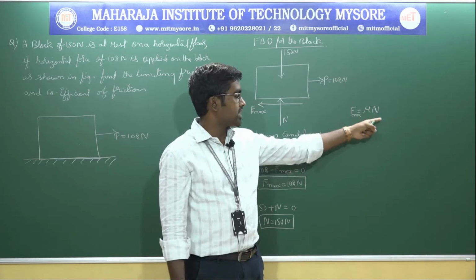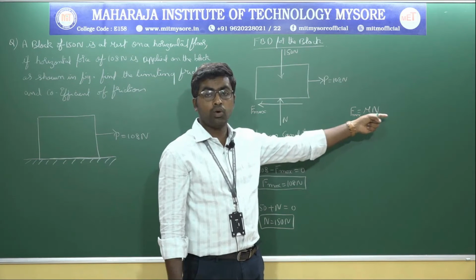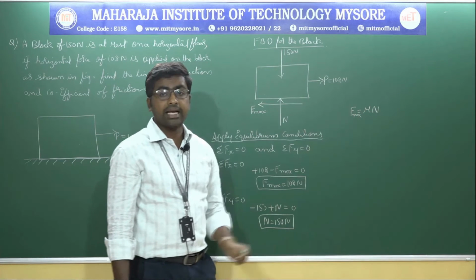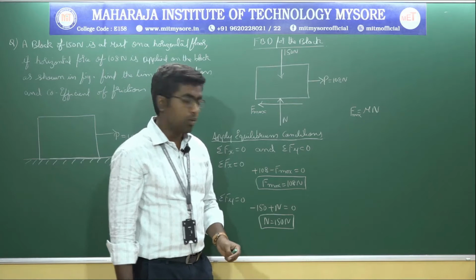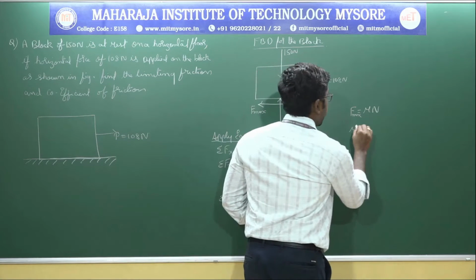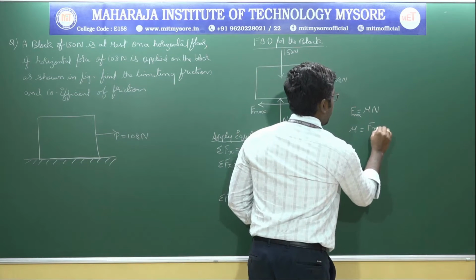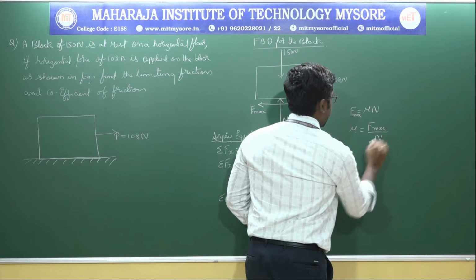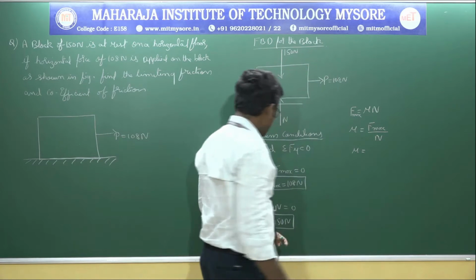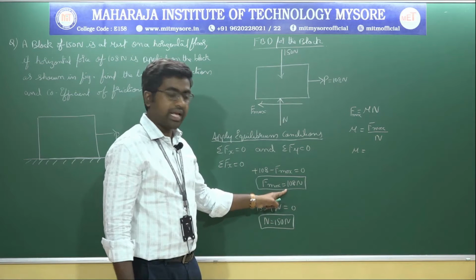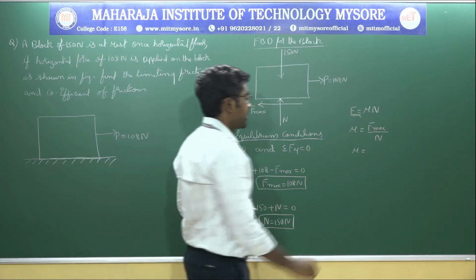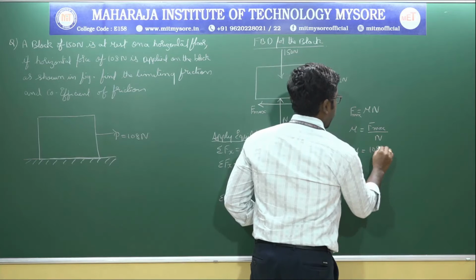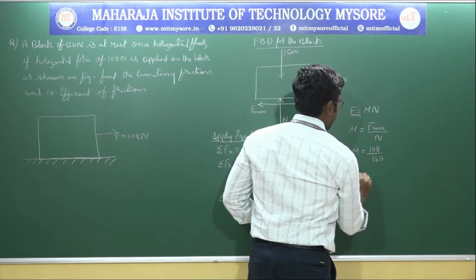So in this equation, I know the F value, I know the N value, so easily I can get the value of mu, right? So mu will be equal to F maximum divided by N. Mu is equal to F maximum is 108 and this is 150, right? So this is 108 divided by 150.